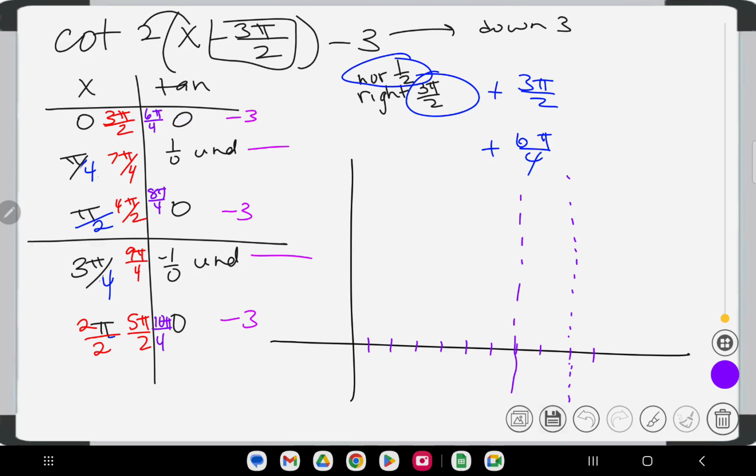At 6 pi over 4, so 1, 2, 3, 4, 5, 6. We're at -3. At 8, we're at -3. And at 10, we're at -3.